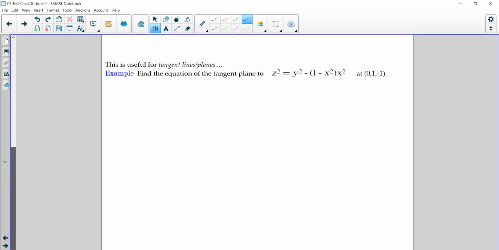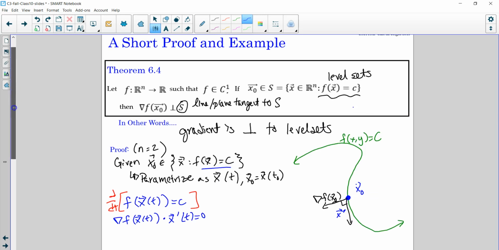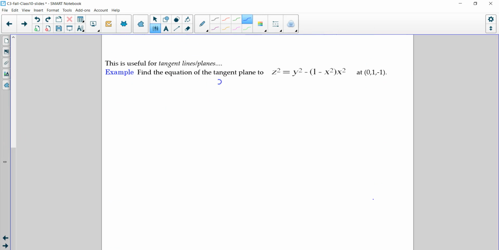Okay, so we want to find the equation of a tangent plane to that thing. Oh, that's fun. Alright, so if I just rewrite this, let's maybe just write it out as x to the fourth, and then I'm moving everything over to one side, it'd be negative x to the fourth, plus x squared minus y squared plus z squared is equal to 0.